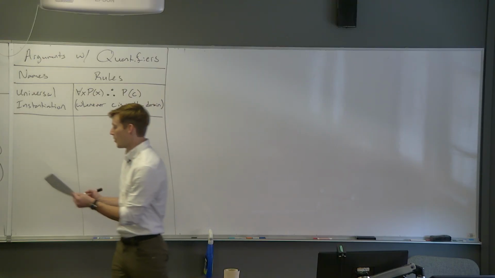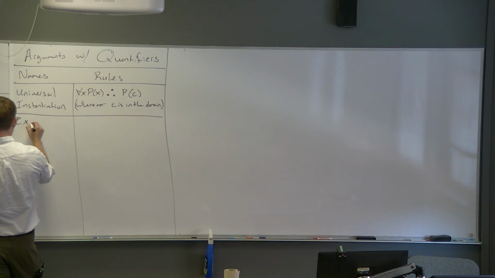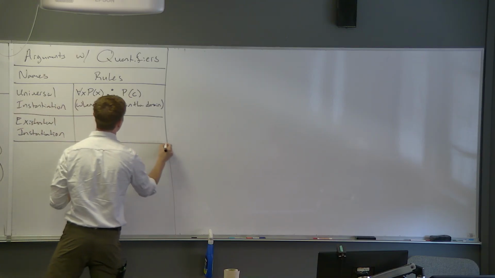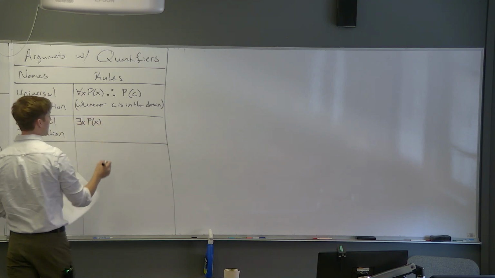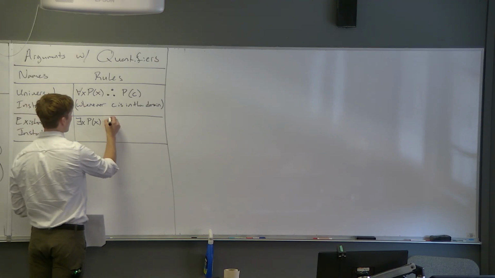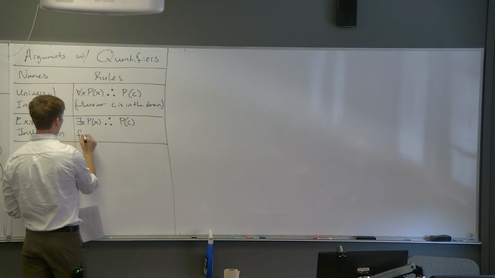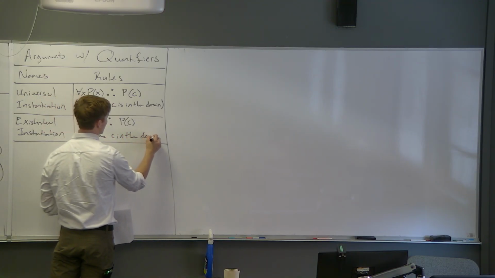Okay. What about existential instantiation? In existential instantiation, we say there exists an x such that P of x is true. Therefore, P of c for some c in the domain.